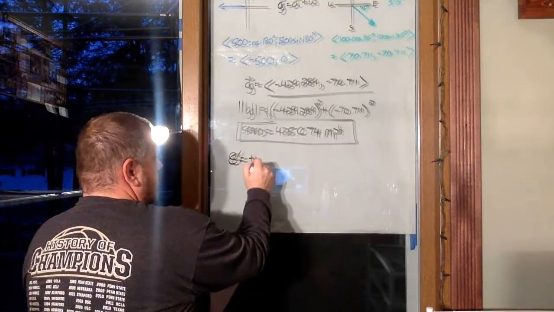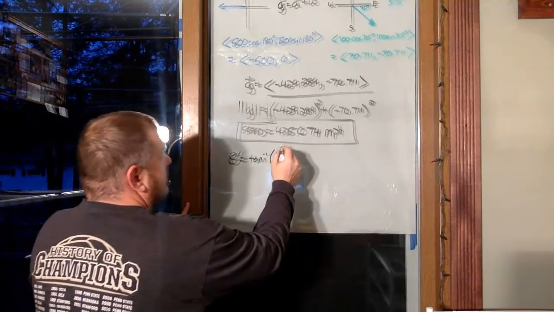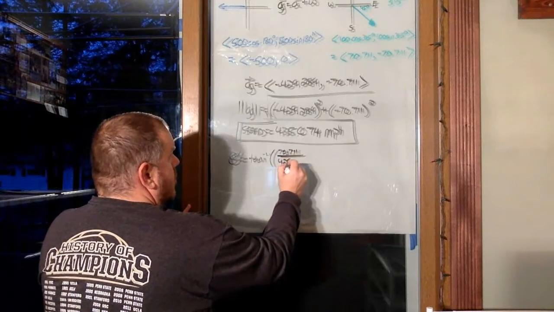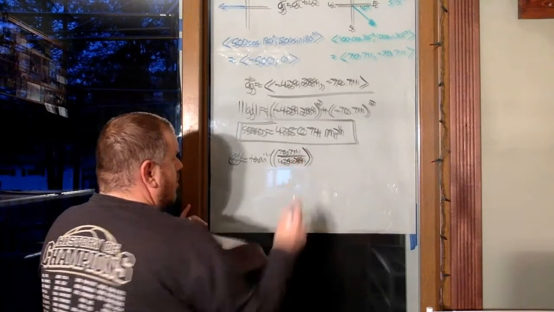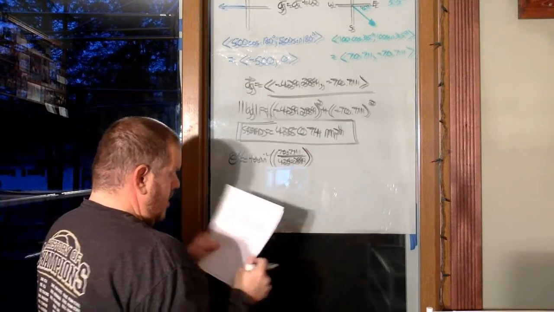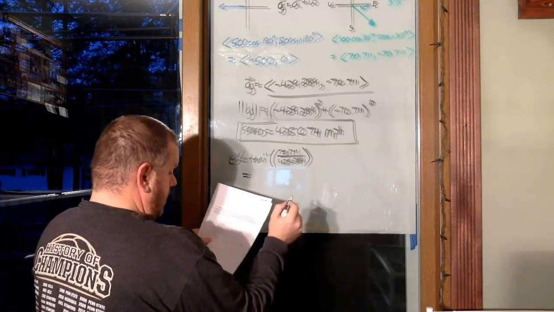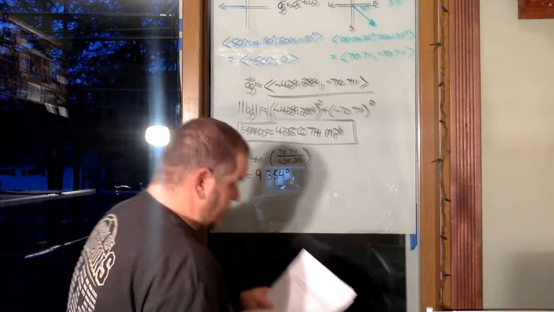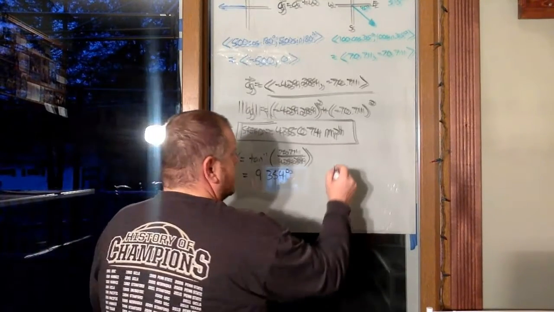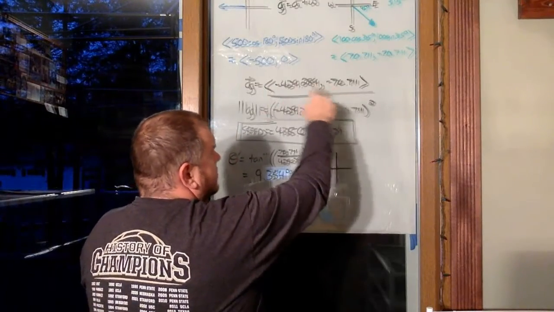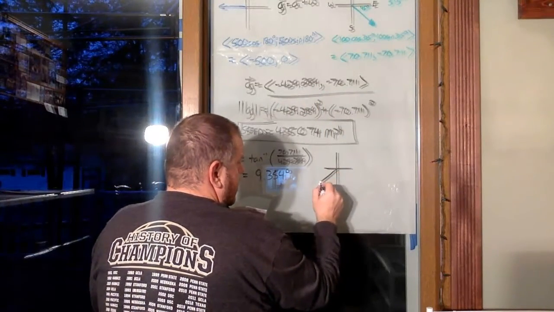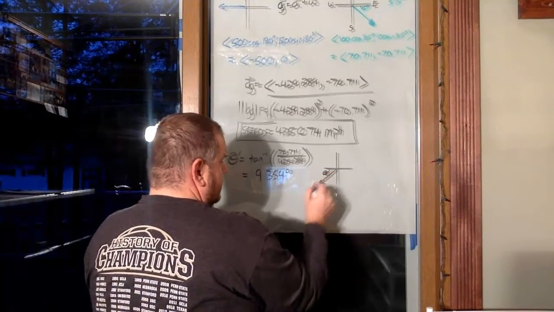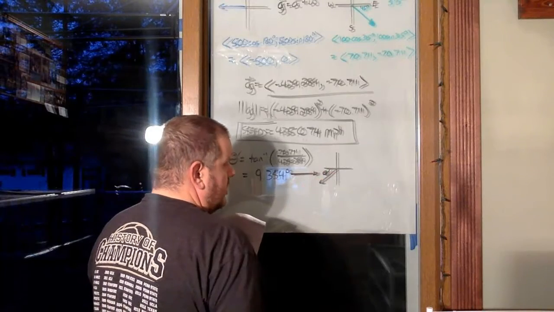My reference angle is going to be the inverse tangent of 70.711 over 429.289. That gives me an angle of 9.354 degrees. Because this vector is negative, negative, that puts me out here. So this would be my reference angle right there.